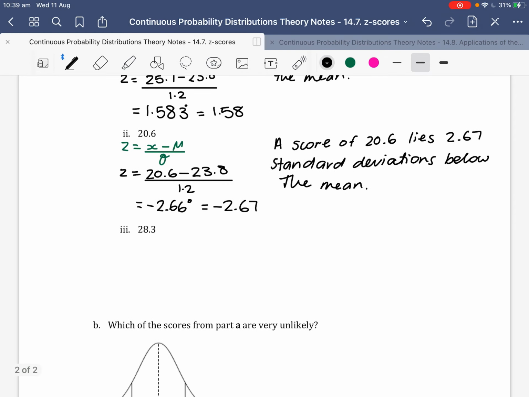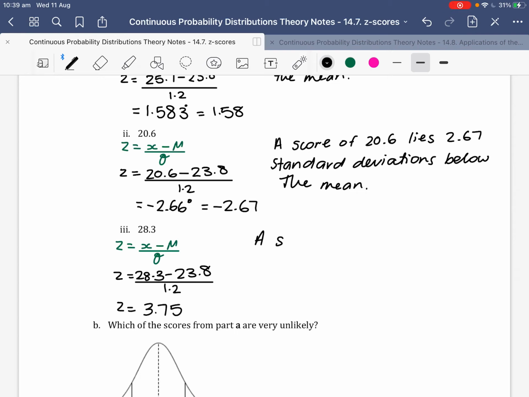For 28.3, same process again. So we substitute in our x. So z equals our x of 28.3 minus our mean of 23.8 over our standard deviation of 1.2. So we get z equals 3.75.